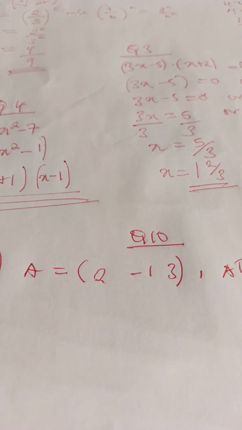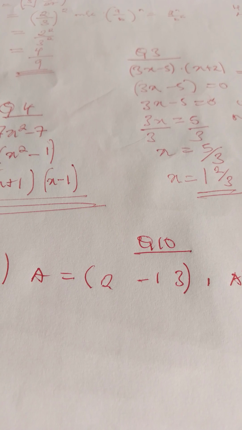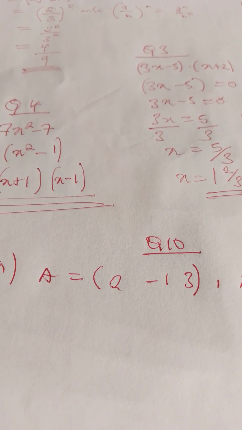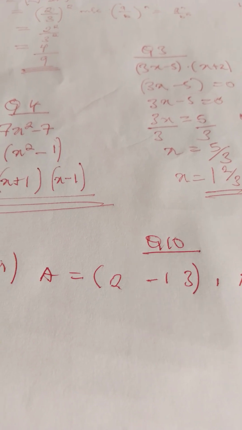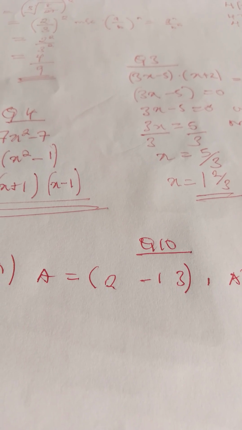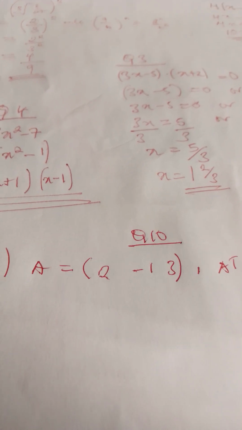So this one, 2, -1, 3, they are in horizontal format. So just make them stand as a column matrix, or rather a vertical matrix, meaning that that is your A transpose.